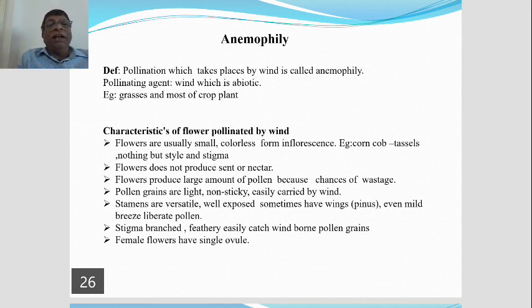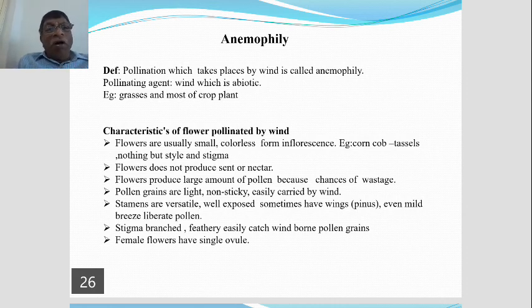Now, characteristics or adaptations you can see now, one by one. See the diagram of a grass. Okay, I will tell you later on. The anemophilous flowers are usually, generally, inconspicuous. You know the meaning of inconspicuous?